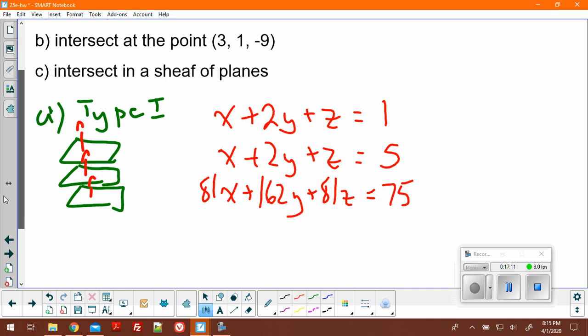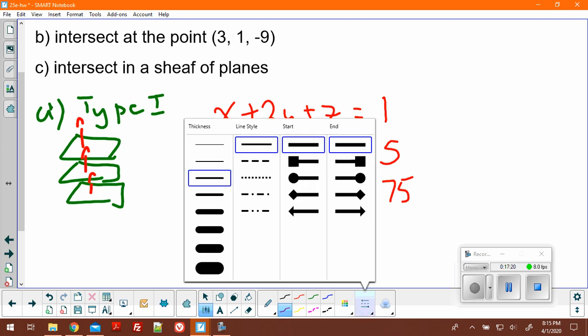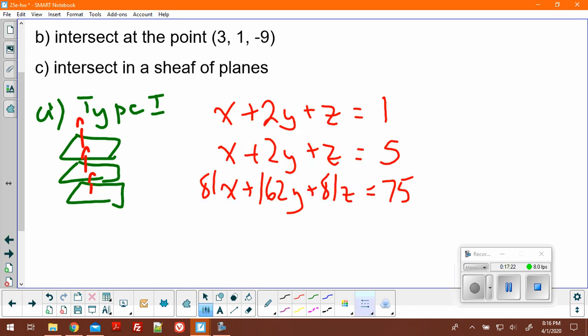Okay, for B, I want my planes to intersect at the point (3, 1, -9). That means it's a type 4, because they intersect in a point. So let's start by trying to develop one plane that would do that.